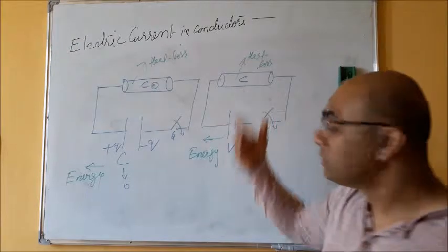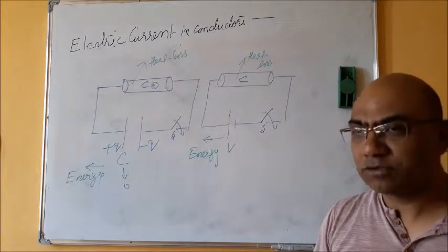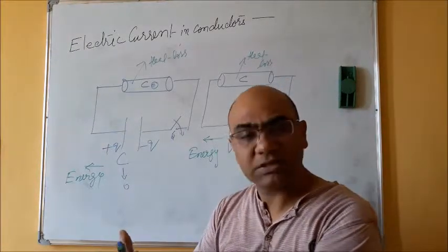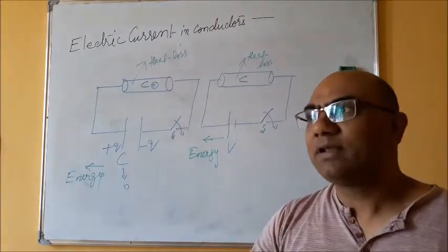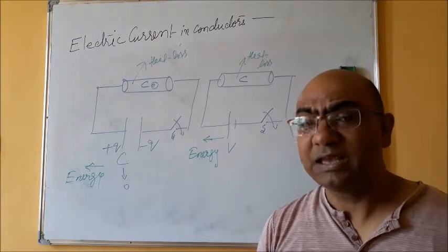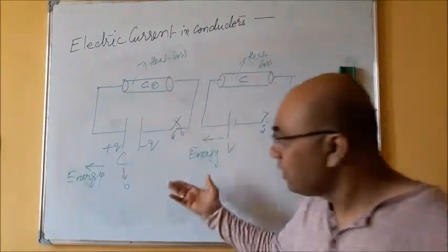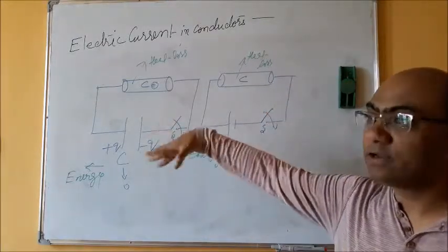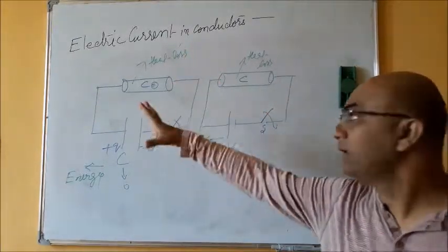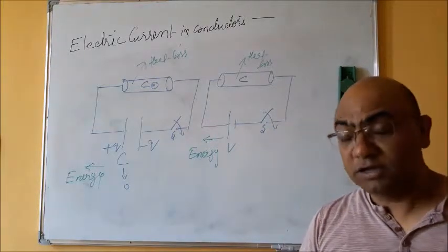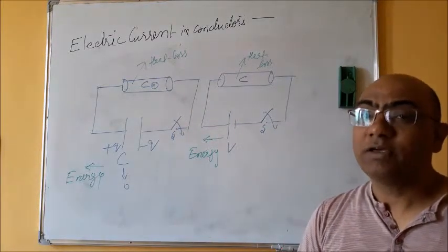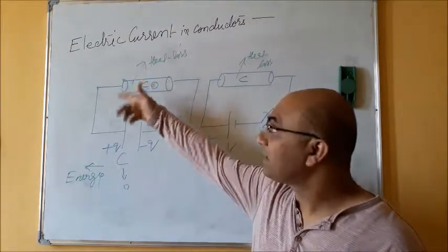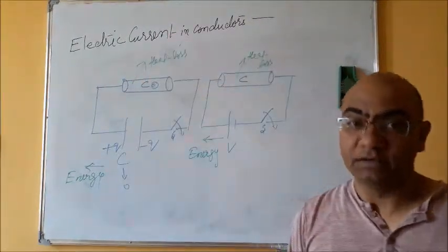Because the electrons inside the conductors have some motion. When they have motion, they strike with other electrons and nuclei, and they release energy in the form of heat. Hence, whatever energy is given in case 1 or case 2 goes into the surroundings, the environment, in the form of heat, and hence the energy remains conserved. Whatever energy we are giving here is going out in the form of heat.